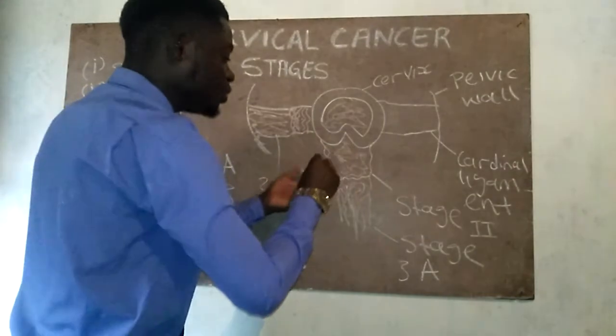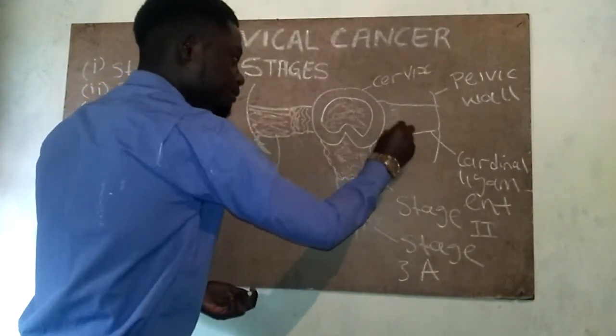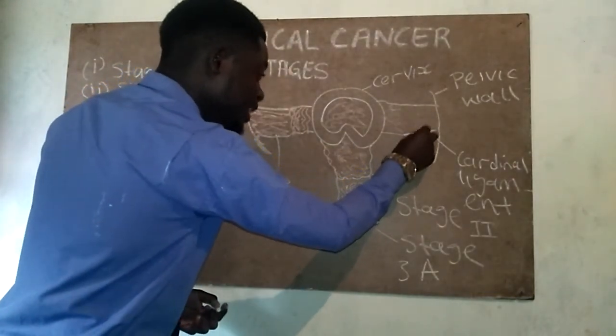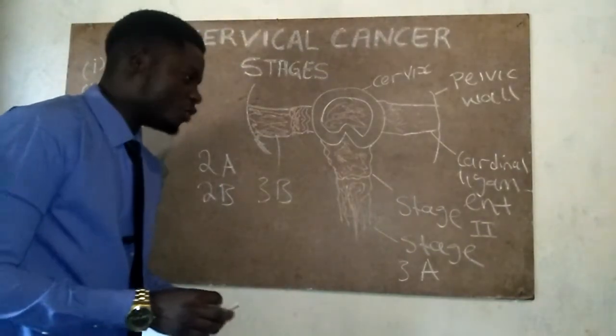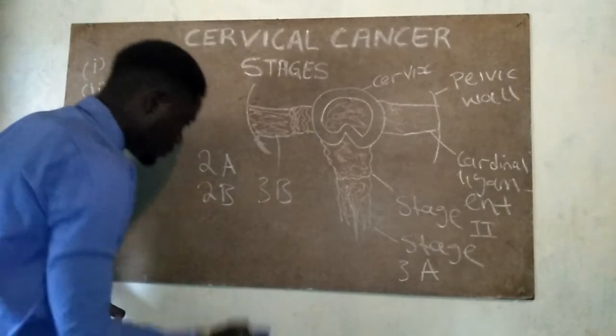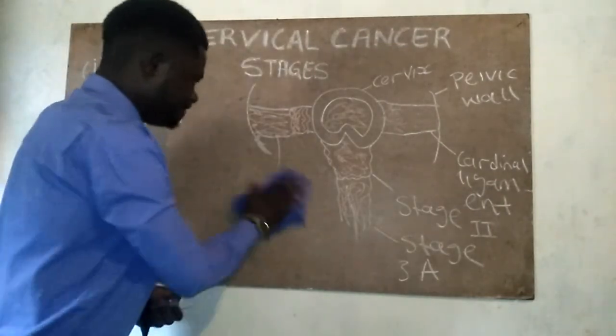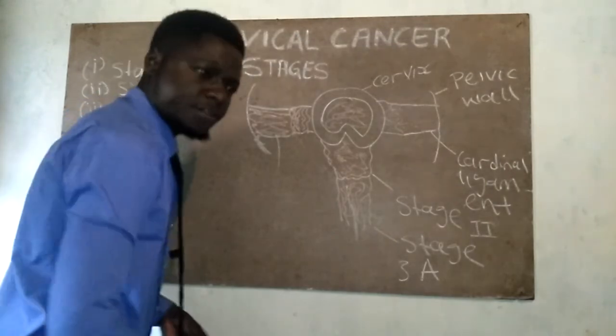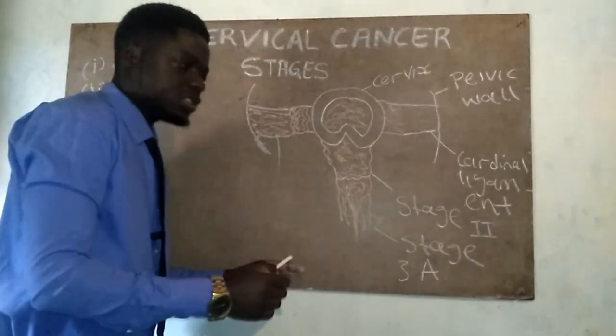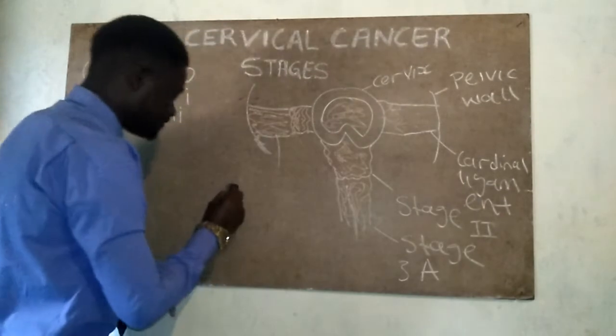Even the pelvic walls are going to be involved. And once these are involved, then there is going to be involvement of the lateral walls and the anterior walls.